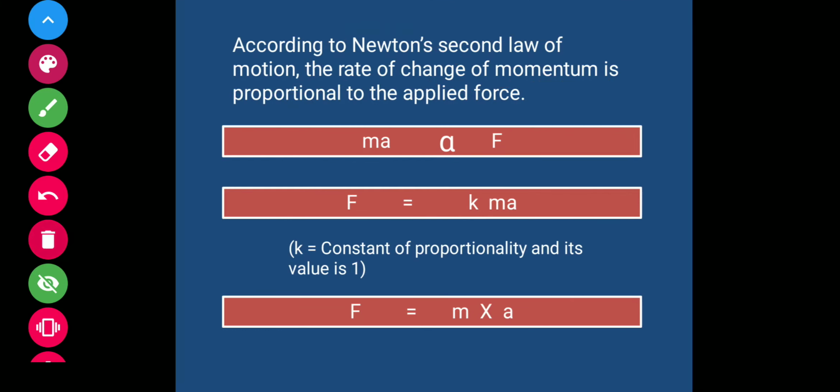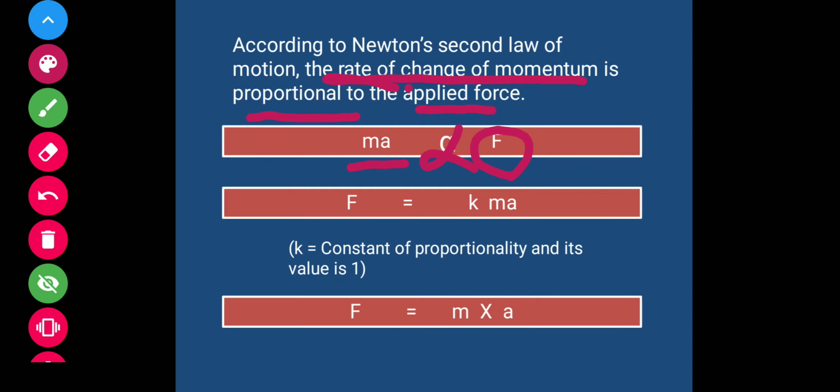So, according to Newton's second law of motion, the rate of change of momentum is proportional to the applied force. The rate of change of momentum, which we just found to be ma in the previous slide, is directly proportional to the applied force.